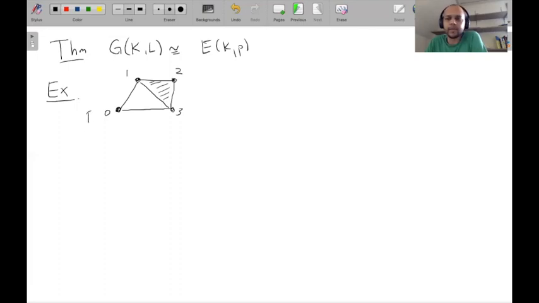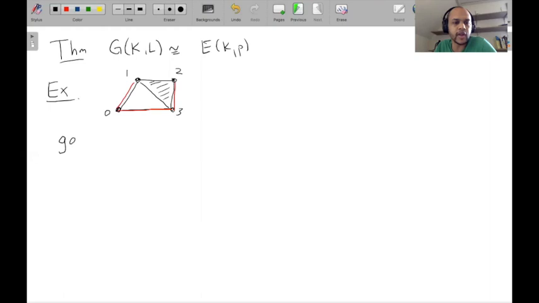And let's write down the group G_K,L in this case. So we need to choose L, and there are various choices. It's just supposed to be a tree that contains every vertex. So this is an example. There are other things we could have chosen, but so now what do we get?